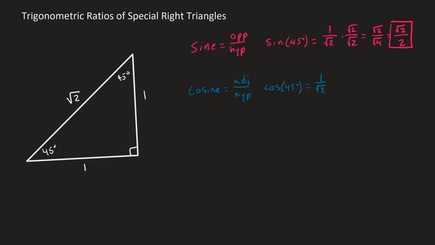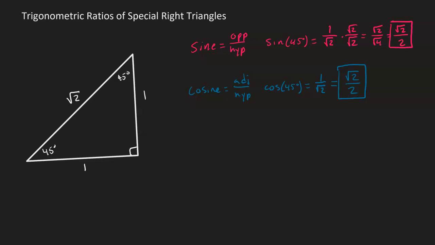Well, I'm going to save myself some time and effort, since I know that sine of 45 degrees is 1 over rad 2, and we were able to simplify it in fraction form to rad 2 over 2. That means this would eventually convert to rad 2 over 2. So cosine of 45 degrees is rad 2 over 2 in simplified fraction form.